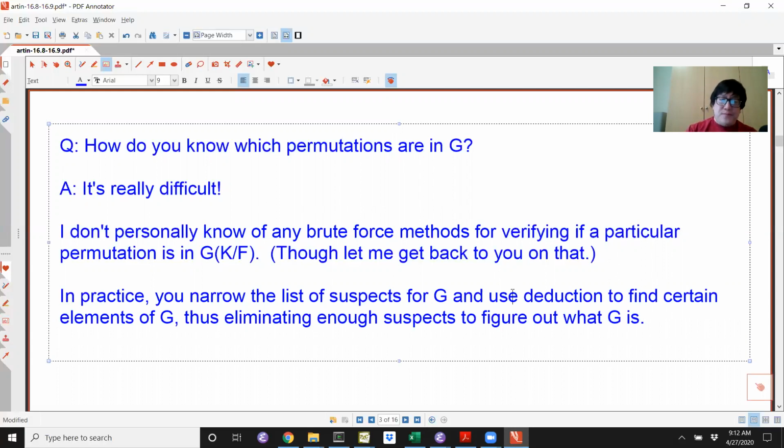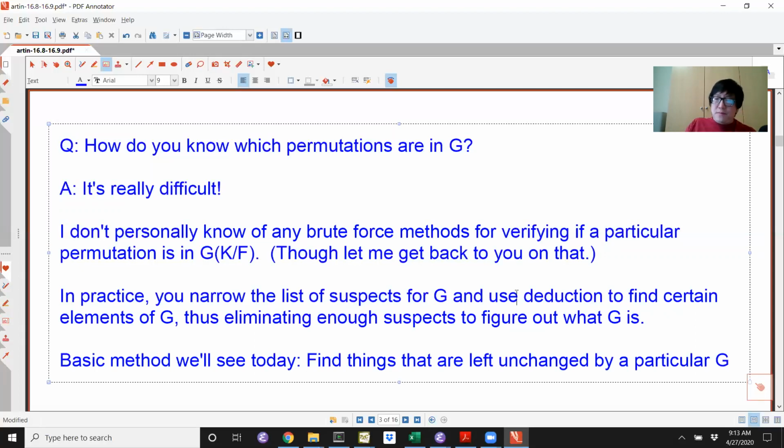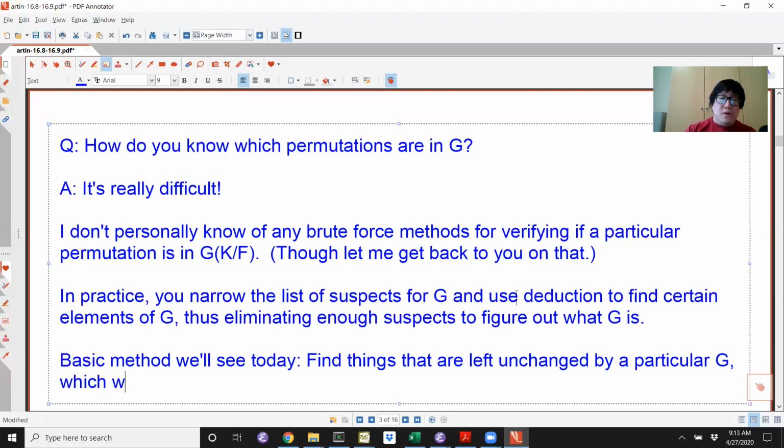The basic method that we'll see today is to find things that are left unchanged by a particular G, which will eliminate some suspects.